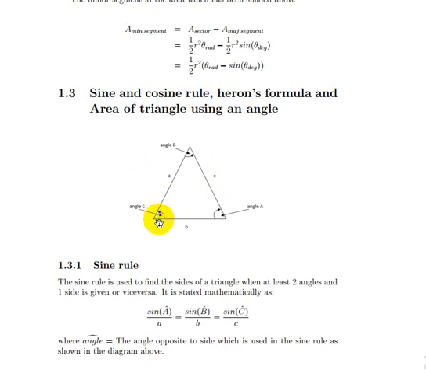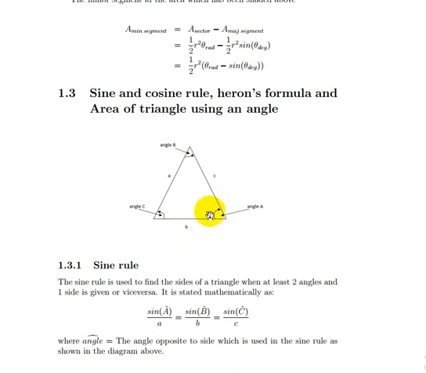In this case, the angle that was given was C and the opposite side is C, so that's why C is placed as the main side of the equation. Here, if you are given angle A, the factor that's going to be placed on the main side of the equation is going to be A. If you are given angle B, it is going to be B.